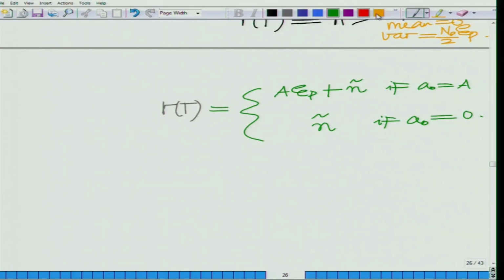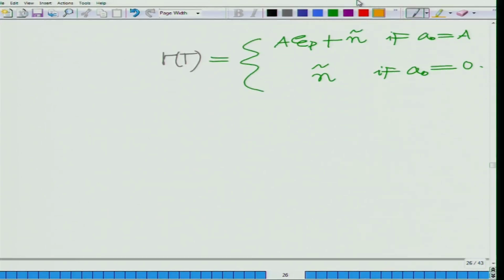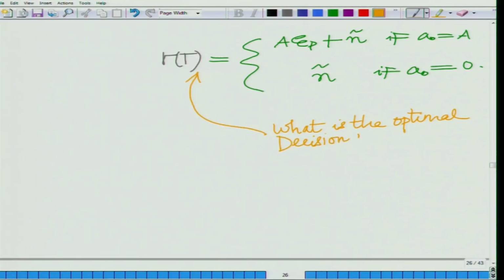Okay. Now, one can ask in this scenario, what is the optimal decision rule?